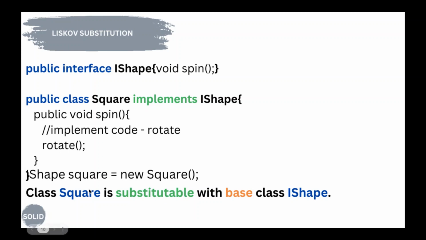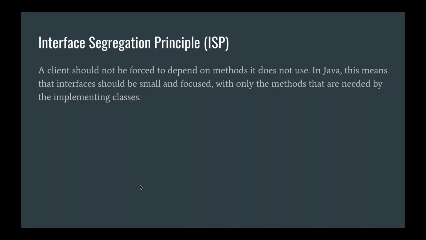So class Square is substitutable with base class IShape. This allows us to be flexible enough to use the base class to instantiate any child that implements or extends that particular base class. So that's what Liskov is.